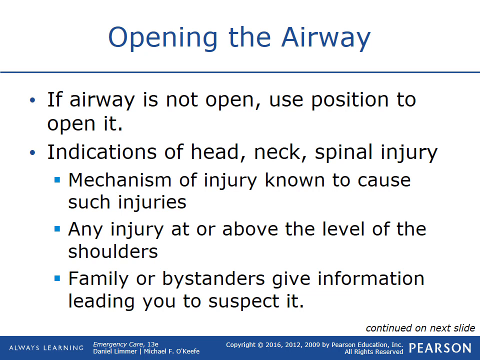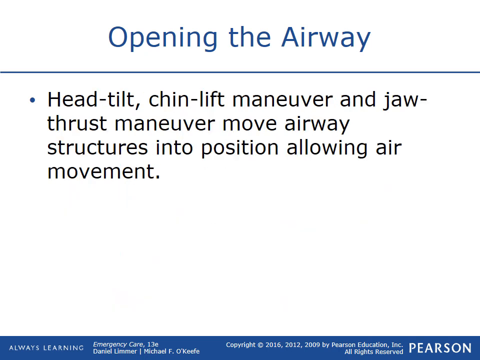So if there's any injury at or above the level of the shoulders, or if family or bystanders give you information that leads you to suspect head, neck, or spinal injury, then you would open the airway not with a head tilt chin lift, but with a jaw thrust. The head tilt chin lift maneuver and jaw thrust maneuver move airway structures into position and allow the air to move in and out on its own.